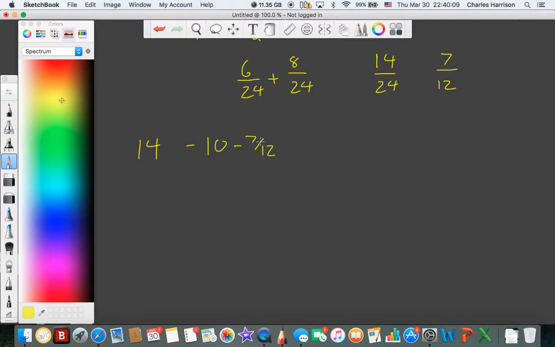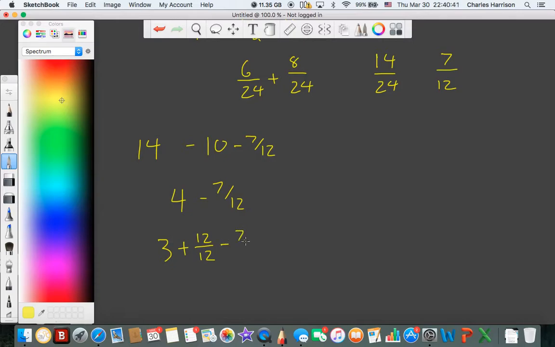That's what we're really doing. So anyway, 14 minus 10 is 4. And then we minus 7/12 from the 4. All right. Well, 4 can be rewritten as 3, and hopefully you understand this. We've done this enough times that you should understand this. It can be rewritten as that. Why? Well, what's 12 divided by 12? Well, that's 1. So what's 3 plus 1? Well, that's 4. All right. And I put 12 over 12 so I can have the same common denominator.